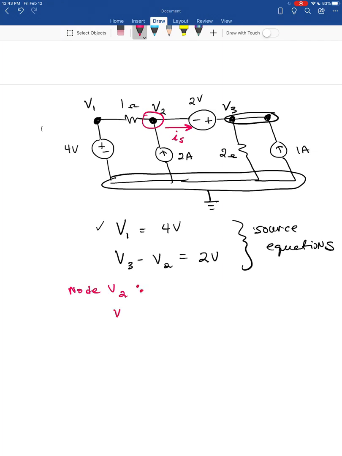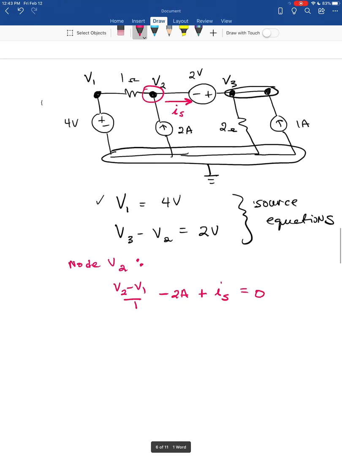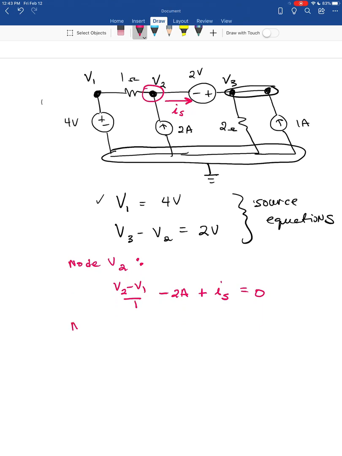Okay, that's going to give me (V2 minus V1) over 1 minus 2 amps, and then I'm going to get this current leaving the node that I defined as I source. And similarly for node V3, I'm going to have I source now entering the node.